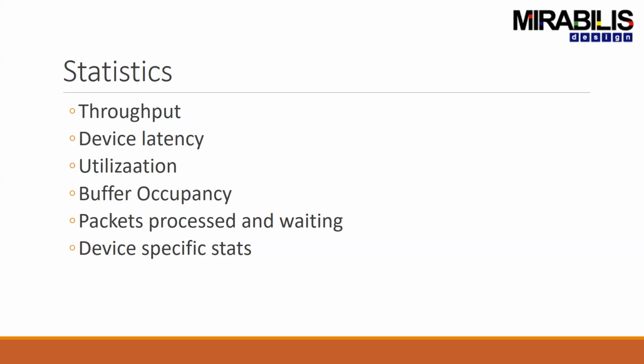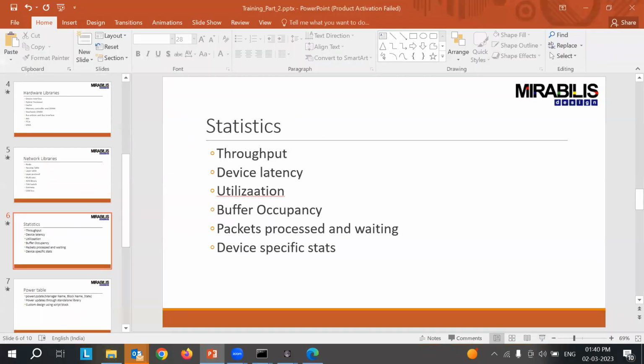And we have device-specific statistics like cache or memory controller. The cache will provide hit-miss ratios and the number of write backs and evictions. Similarly, the network devices will provide application-specific statistics. So let me open a model.